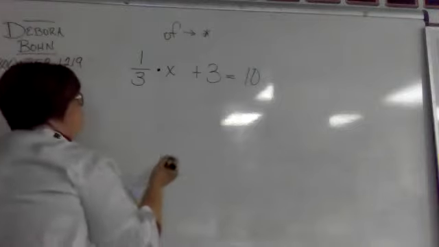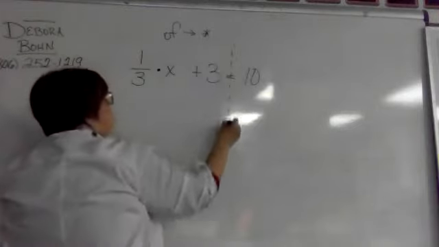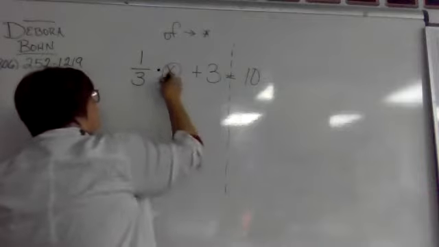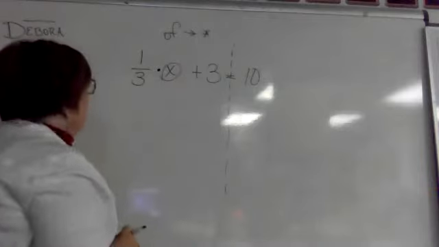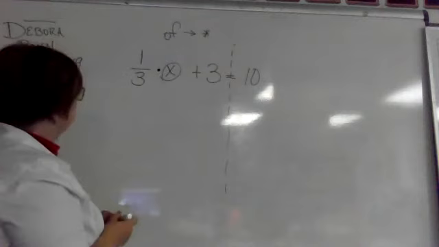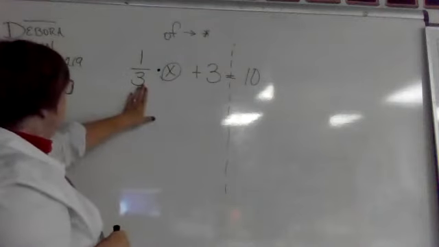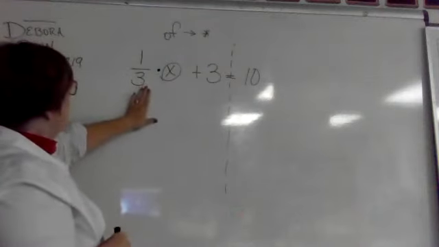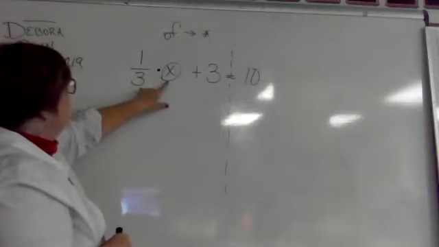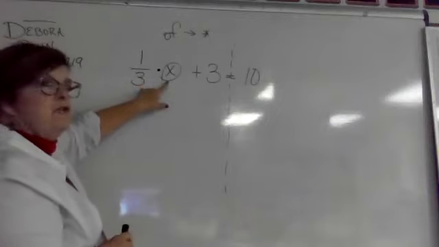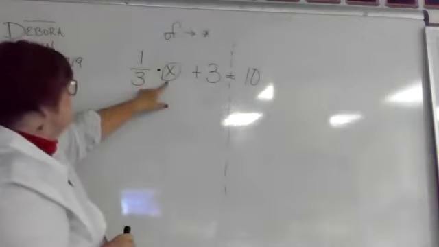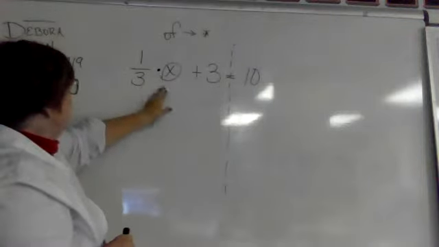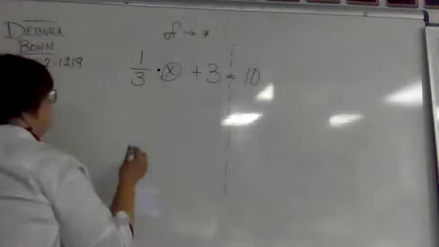Now the first, well, of course I would do this, and I would circle this. One thing that will help you, if you see a number times the variable, let's write it like you usually see it. The multiply, you can cram these together, okay?